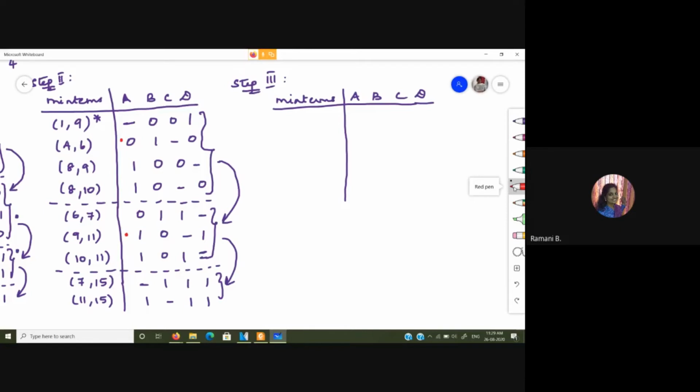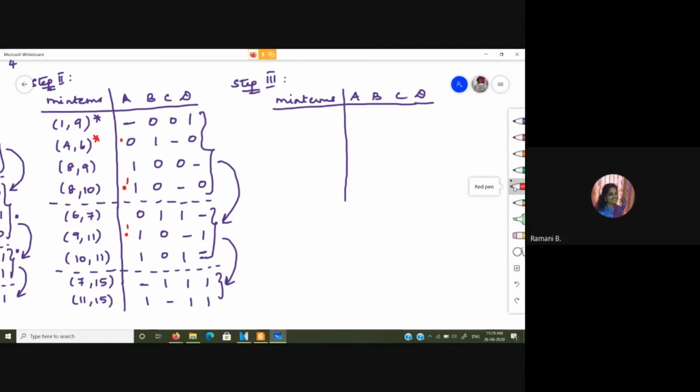So here if we check, all the other variables a, b and d are all changing, so that also we cannot have. So let us put a star in this 4 comma 6 also, because no further possible combination is there. Next let us check for this one. Here also we are having the dash in second position.